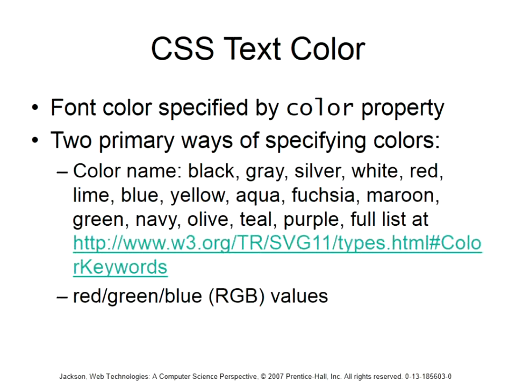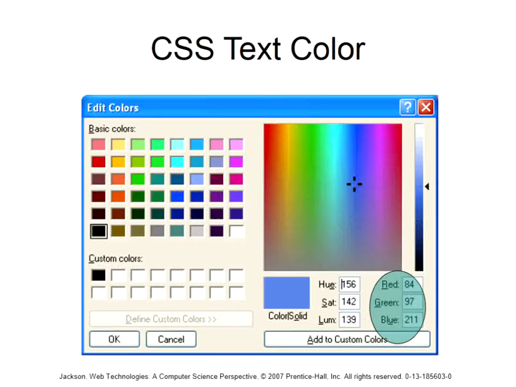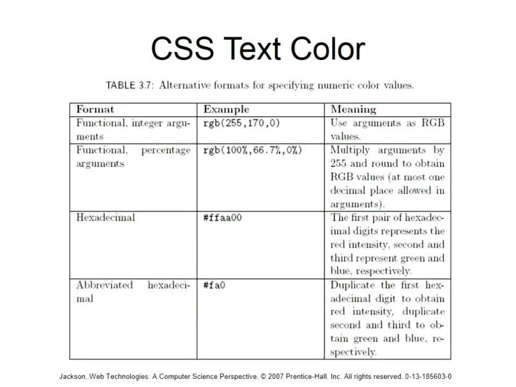For text color, we can use a color name like black, gray, silver, white, red, etc. Or we can also specify the value of red, green, blue. So for this color, we must specify the value of the red, green, and blue.